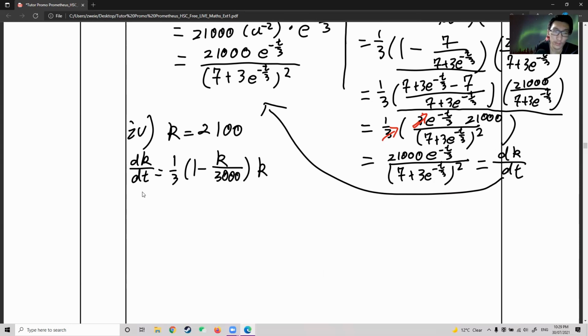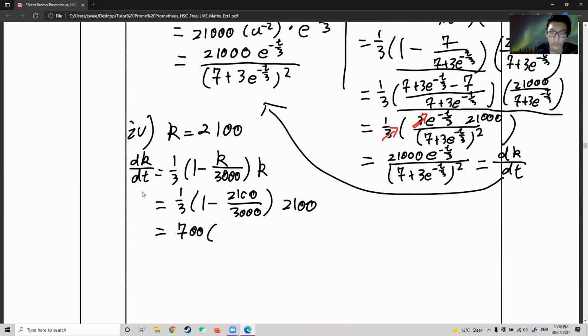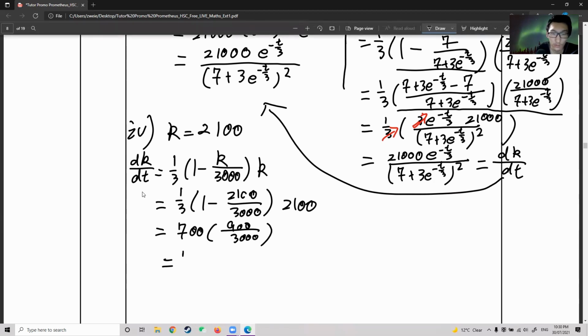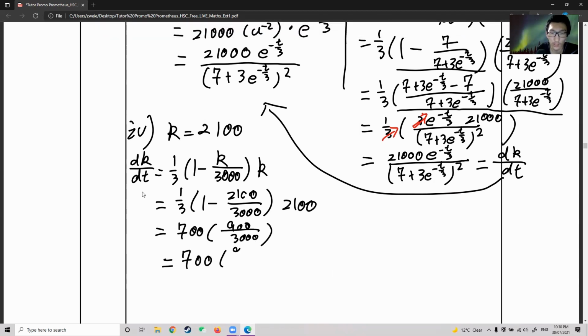So subbing that in, I know that at this year, I will have a gradient, which means 21000 on 21000. So I get 700 times 900 over 3000. I'll get 700 on 9 on 30. So simplifying that, I'll get 210, okay?